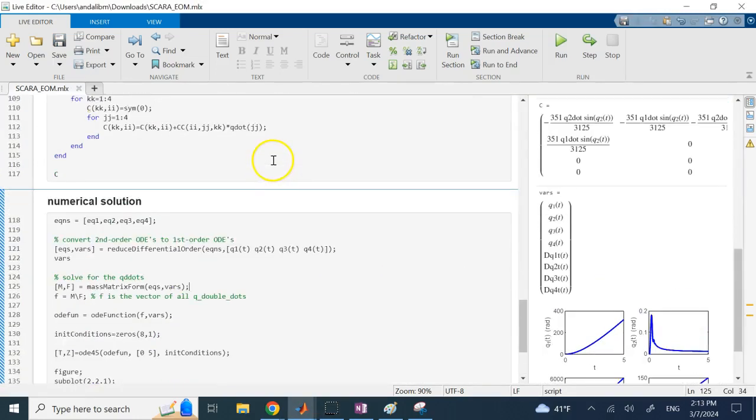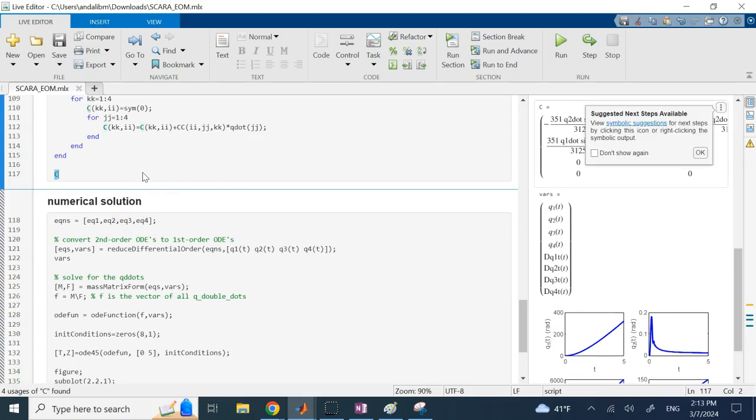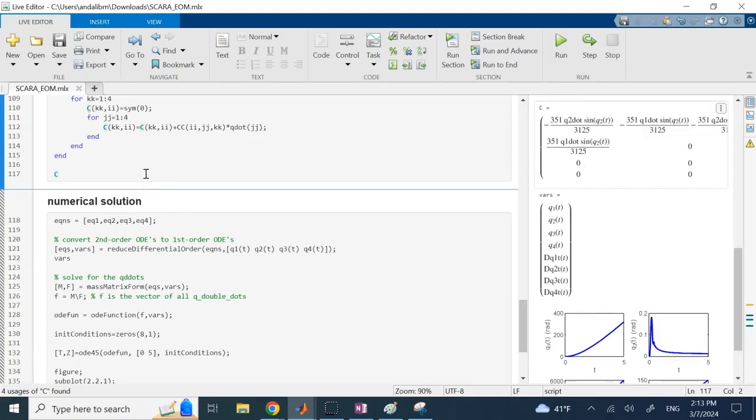Okay, now that you got your governing equations, it's time to do a numerical solution, because these equations are highly nonlinear. You cannot solve them directly. There is no analytic solution. So we have to convert these analytical differential equations to work with ODE45, but ODE45 needs first order ODEs instead of second order, and it needs function handles, not symbolic functions.